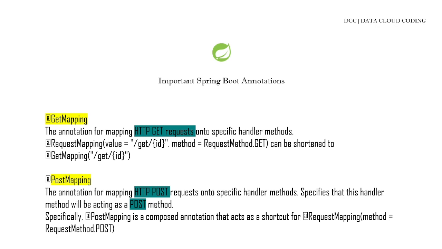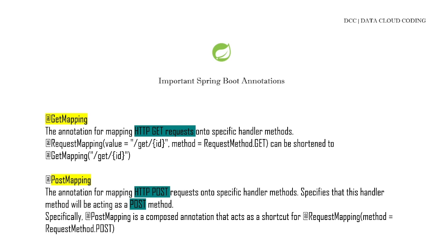And earlier we used to specify that this is a get mapping method using this whole syntax @RequestMapping value is equal to /get/id, and then method is equal to RequestMethod.GET. But since the introduction of this get mapping, we can just specify @GetMapping and then specify the URL.